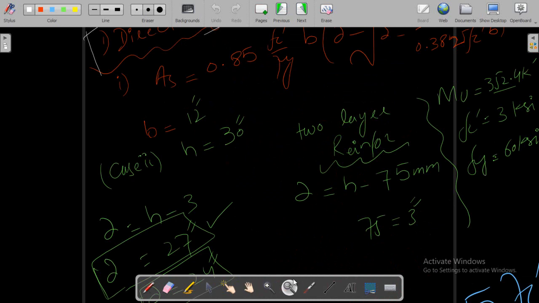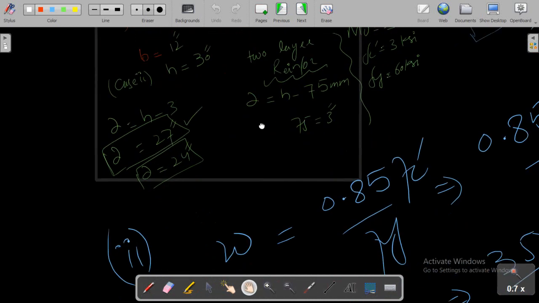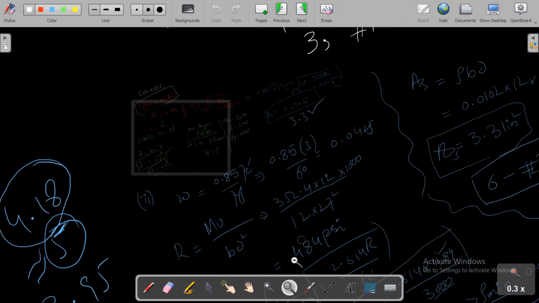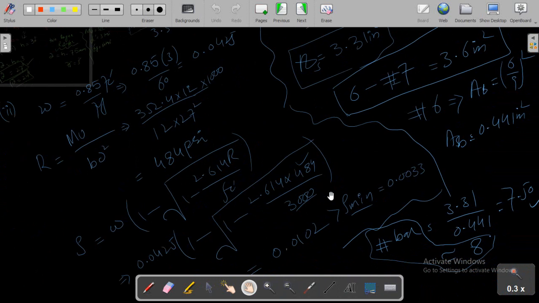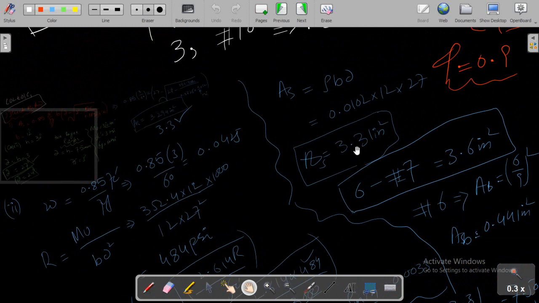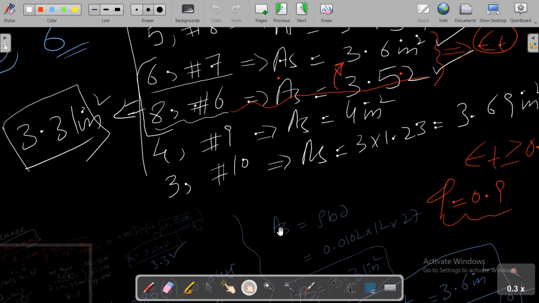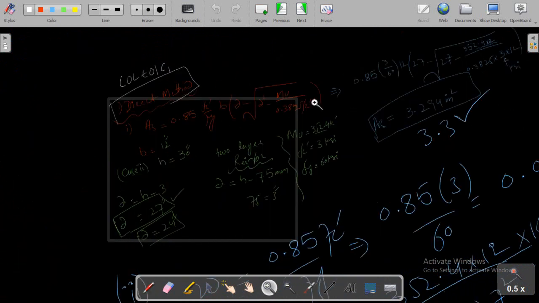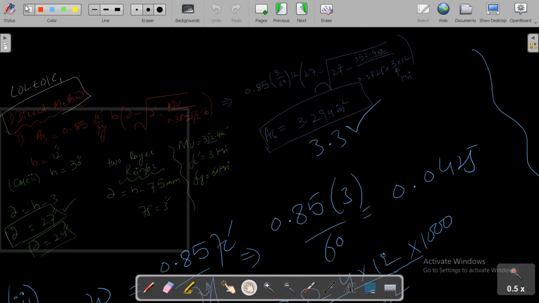And if we check the direct method, using this equation, it gives us 3.31 square inches, while this equation gives us, as we can see clearly, 3.29. So this is the exact value, 3.29 square inches, right?